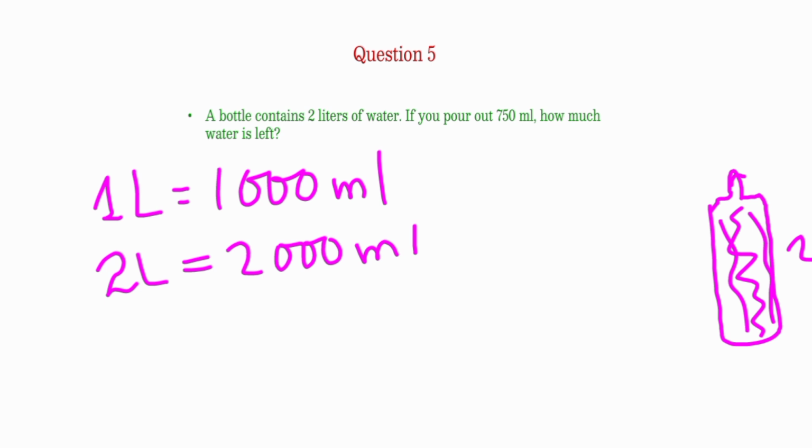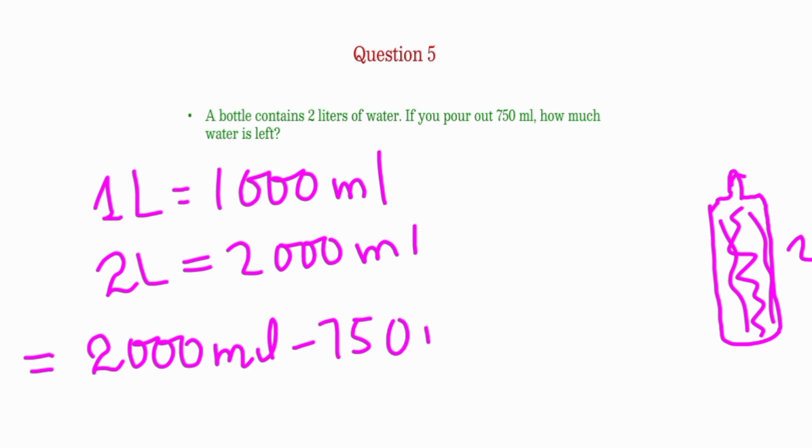Initially, it has 2,000 milliliters, and if you take away 750, you will get the water that is left behind. So simply we do 2,000 milliliters take away 750 milliliters, and that will give you the answer. If you take away 750 from 2000, you will be left with 1250 milliliters.